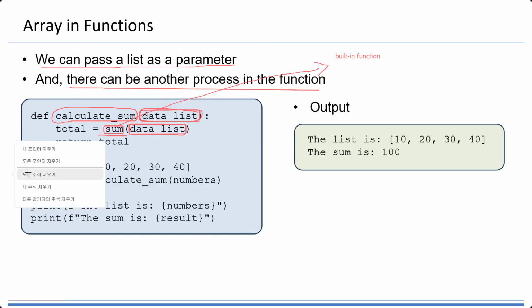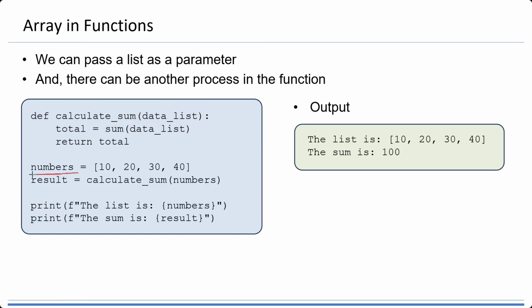Now, if you see this one, I have a list of numbers 10, 20, 30, 40, and I would like to calculate the sum of the numbers. Then these numbers will be in this parameter, and we will do the summation for every number in the numbers, meaning 10 plus 20 plus 30 plus 40.